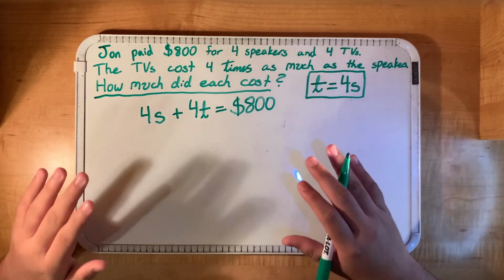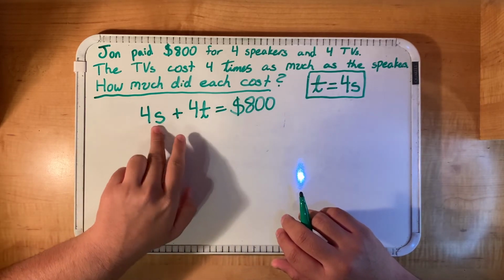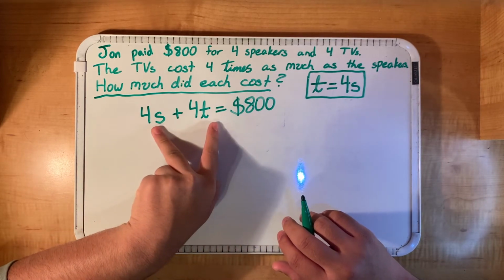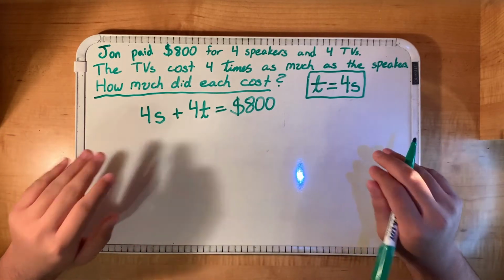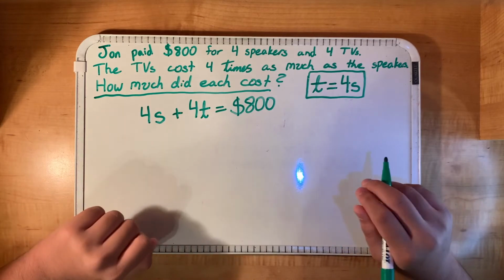Now in our original problem, we have 2 different letters, an S for speakers and a T for TVs. But to make this as easy as possible to solve, we want only one letter.